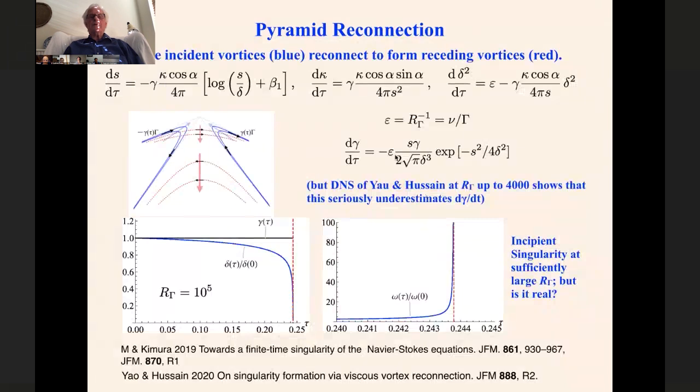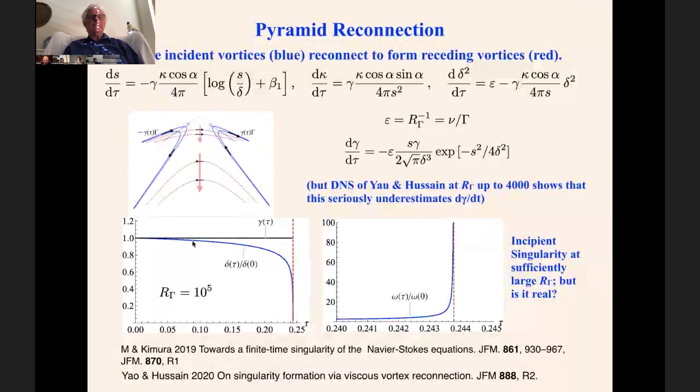So we've got this wrong, and this equation is the one that misrepresents the reconnection process. However, if we brutally go ahead and integrate these equations numerically, then I've done this here for R gamma equal 10 to the 5, so epsilon would be 10 to the minus 5.